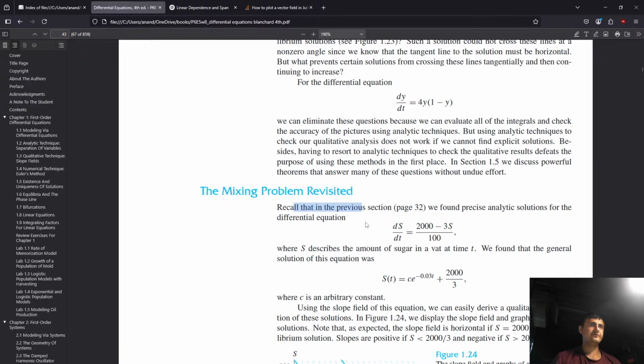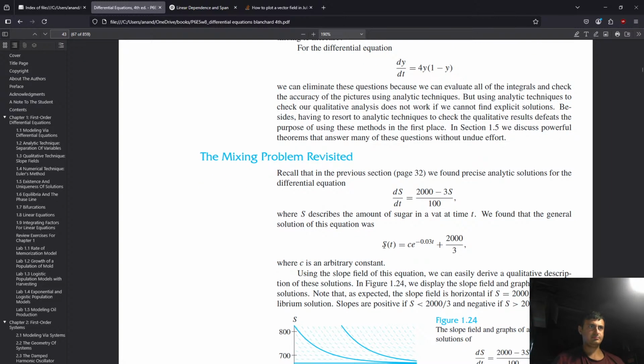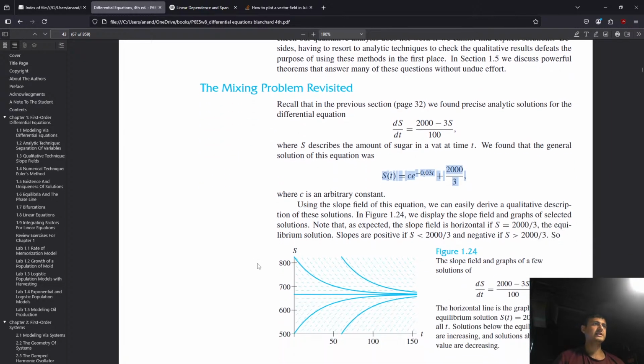Recall in the previous section we found precise analytic solutions for the differential equation: the change in the amount of sugar with respect to time is equal to 2,000 minus 3 times the current amount of sugar over 100, where S describes the amount of sugar in a vat at time t. We found that the general solution of this equation was that, where C is an arbitrary constant.